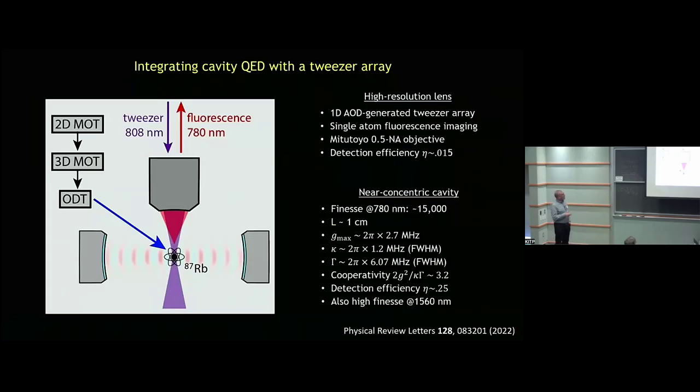But anyhow, we work with rubidium-87 atoms. And we produce a lot of them in an optical trap. We place about 1 million or so rubidium atoms into an optical cavity, and then we go fishing. So we built this optical cavity in particular to be in the near-concentric regime.